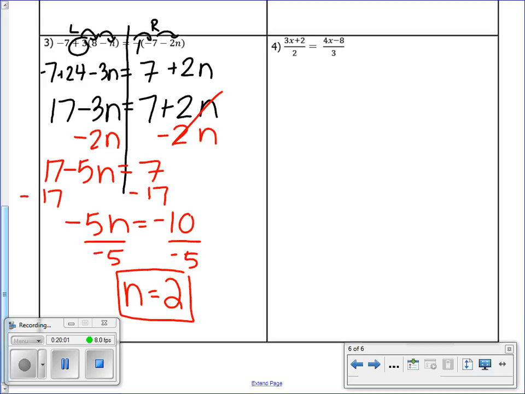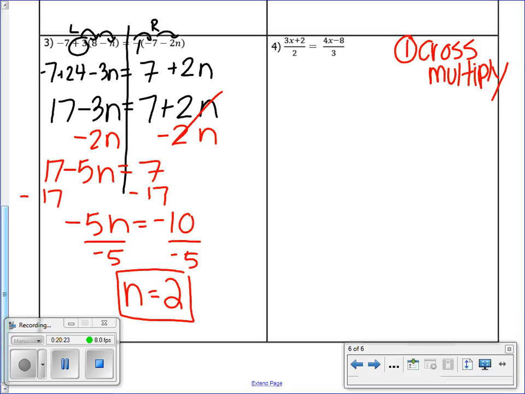Number 4, these ones are tricky. So number 4 takes on a different order of steps. Your step 1 for number 4 is to cross multiply. Okay, so cross multiplication is something you did in elementary school, just a little bit simpler.